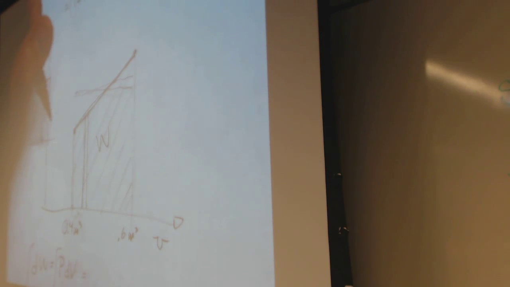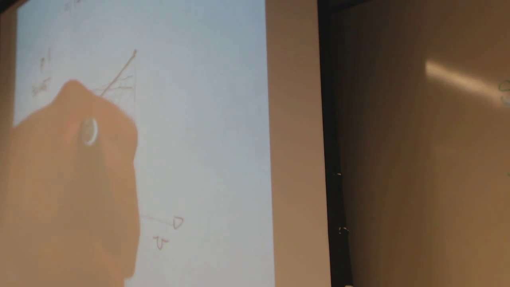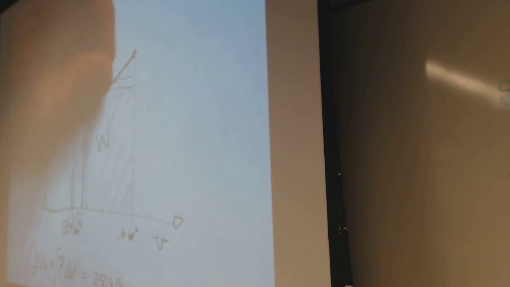Because it's a straight line, we can take an average pressure and say the work done is 250 kilopascals times delta, 0.6 minus 0.4 meters cubed.